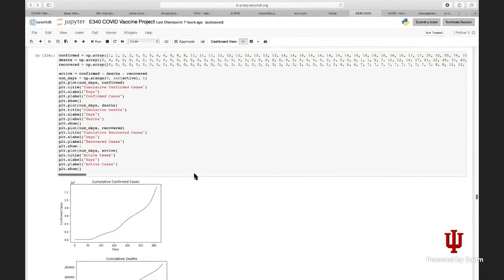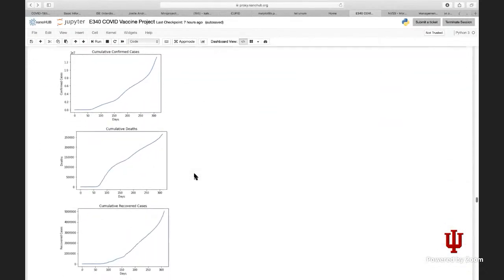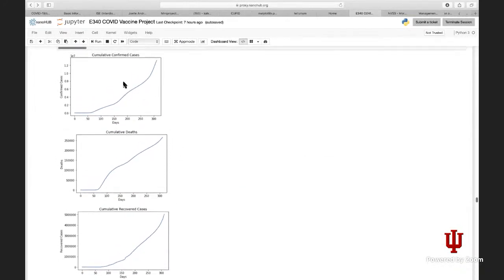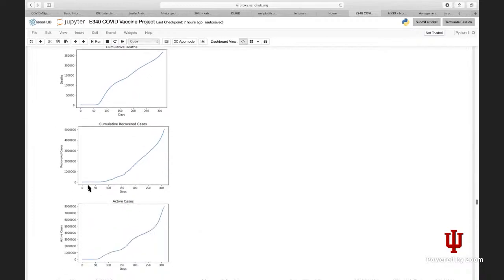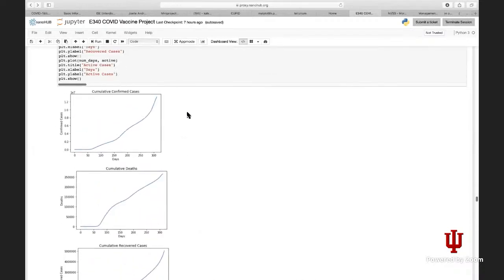When we end up plotting that data, we have the cumulative cases increasing kind of exponentially, the cumulative deaths linearly up here, mostly, except for this rapid increase around day 70-ish. Recovered cases also increasing in the same pattern as the confirmed cases.